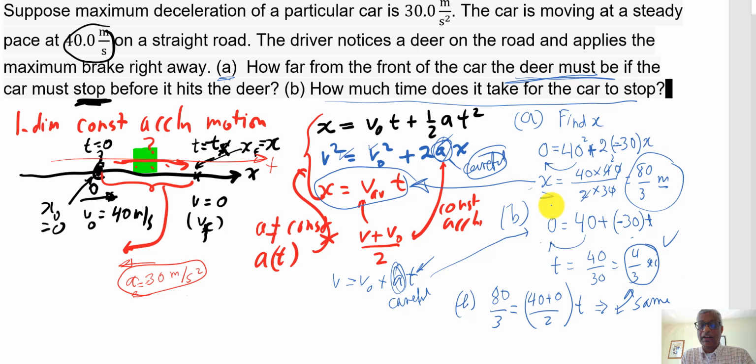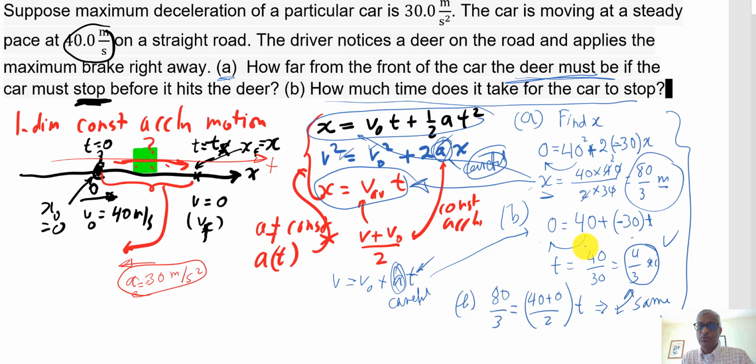You could also have used this equation, because you already know x, but that is clearly much more complicated, because you're going to deal with a quadratic equation in t.